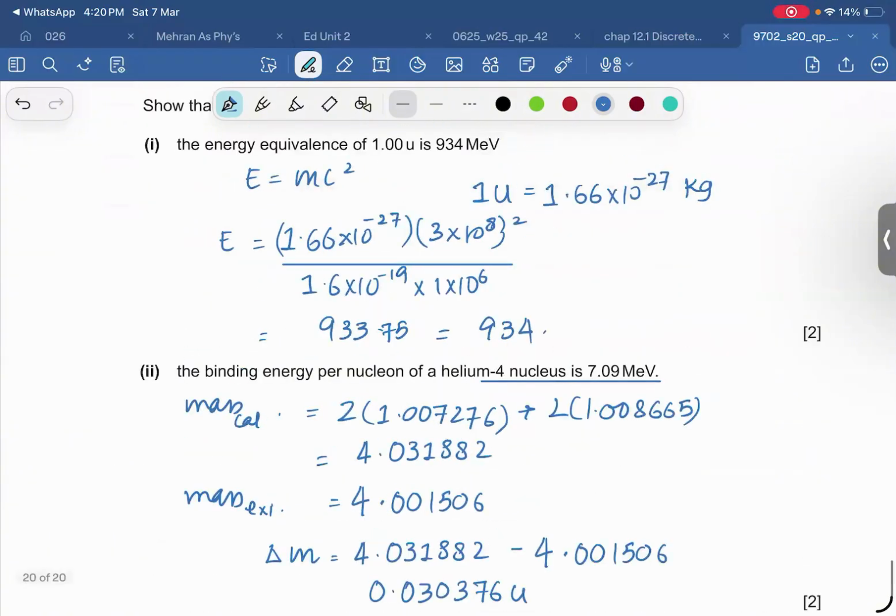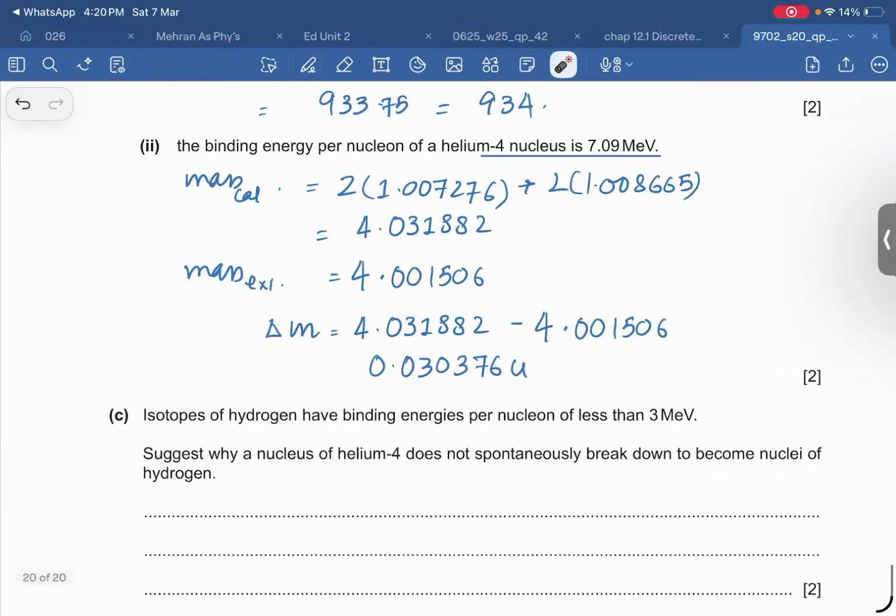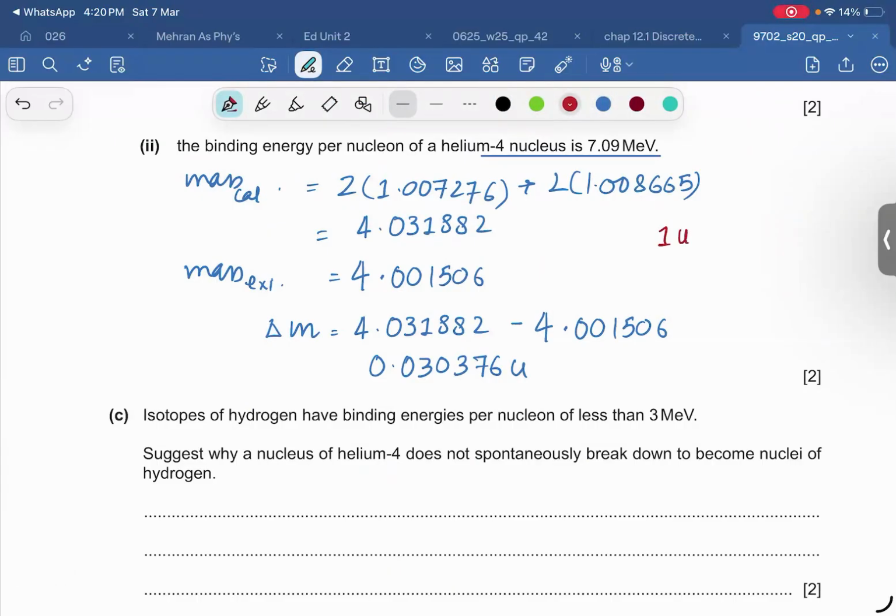Now, in the previous part, we calculated that one u corresponds to 934. So if we have 0.030376 u, how much will it be?